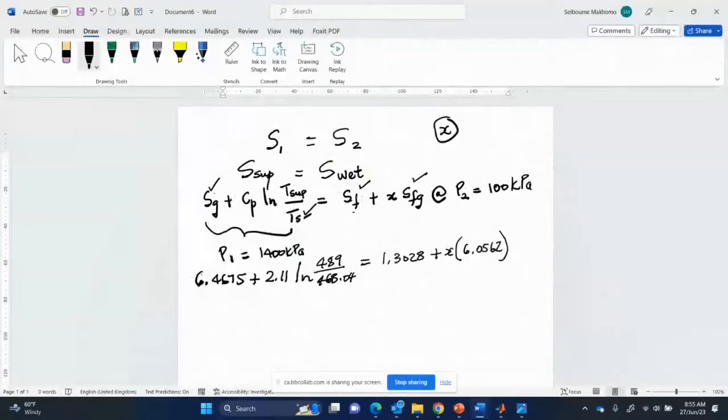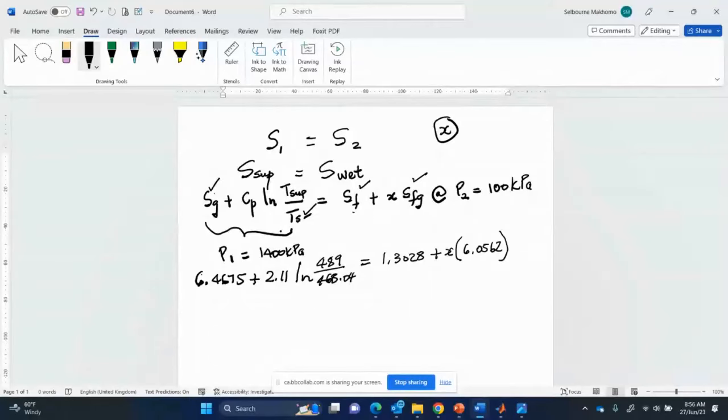So now we have only one unknown, and that unknown is X. When you punch it in your calculator, you should be able to get the answer. To save time, I think the answer is X equals 0.868.